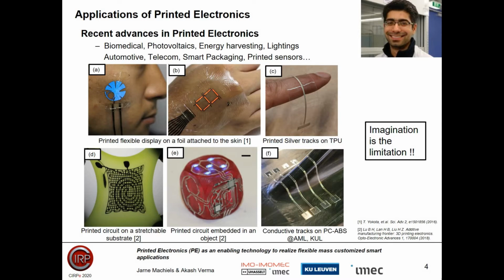In figure E, a printed circuit is embedded in an object produced by the FDM technique. Figure F shows that conductive tracks can also be printed on free-form substrates, like PC/ABS in this case, which was produced by injection molding.